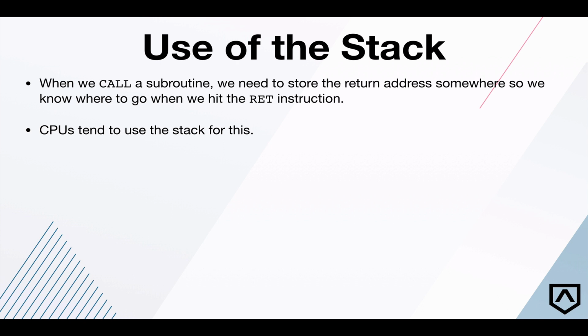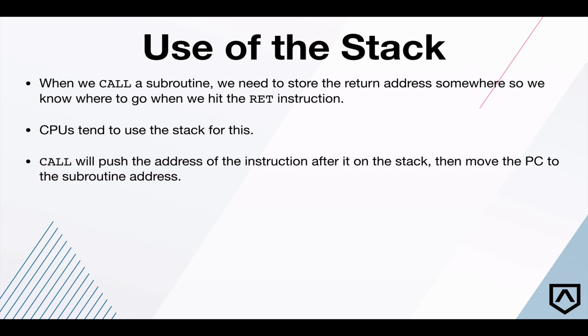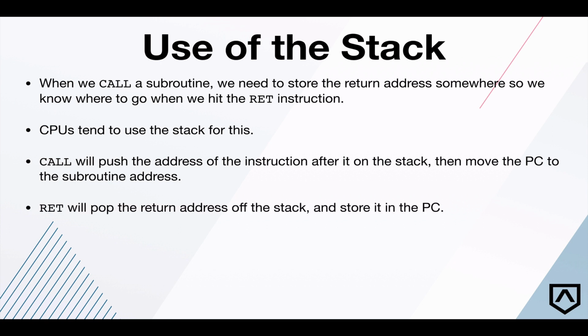When we issue a call instruction, we will push the address of the next instruction after the call onto the stack, and that way we have it saved for later. And when we encounter our return instruction, the return instruction can pop that value off the top of the stack, store it directly in the PC, and the CPU will continue running where it left off before the call.